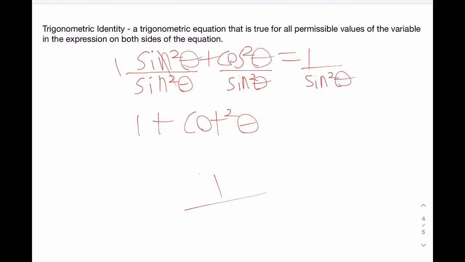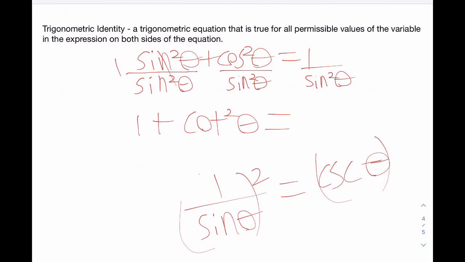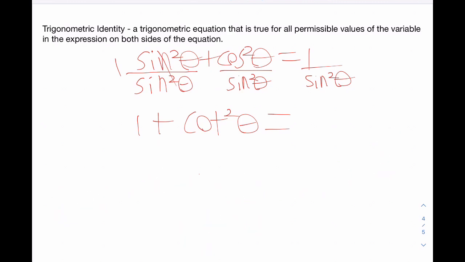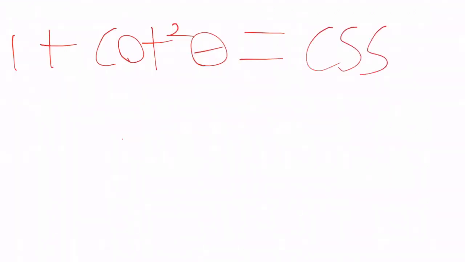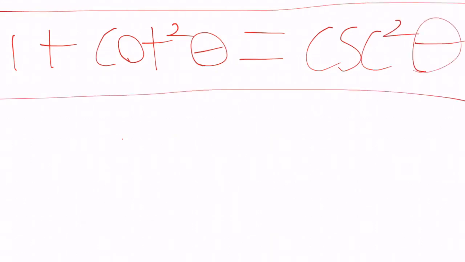Now, let's look at the other side of the equation. 1 over sine of theta is equal to cosecant of theta, and if we square both of these, we will get 1 over sine squared theta is equal to cosecant squared of theta. So we can say that 1 over sine squared theta is equal to cosecant squared of theta. And this will be another identity.